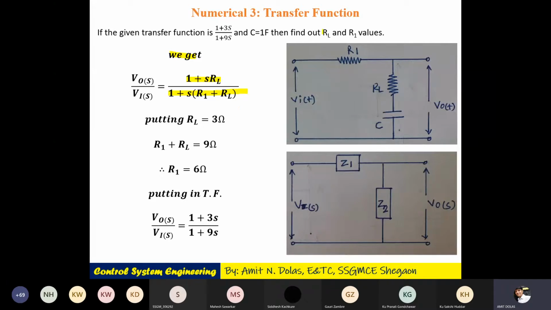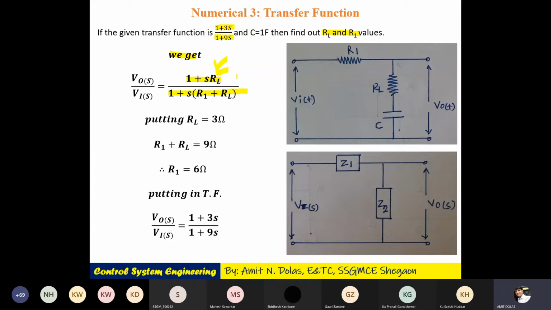Now we are interested in finding the values of RL and R1. So we cannot choose randomly. You just see the given transfer function, 1 plus 3s divided by 1 plus 9s. So of course the RL value is 3.